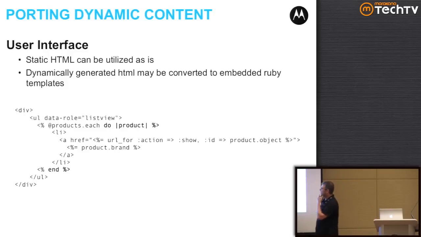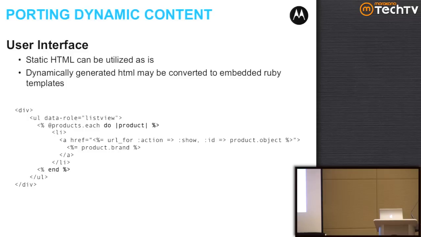So for example, you can see that in this anchor, where I'm setting up the reference, I'm using a helper called url_for. And what I'm doing is passing it an action of show and an ID from my product object. I could certainly have hard-coded the URL to point to my internal resource on the device, but this is a helper to make it easier for you.